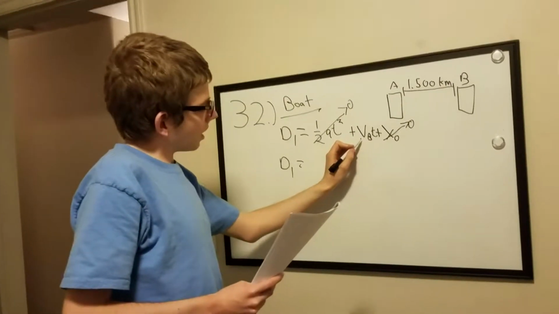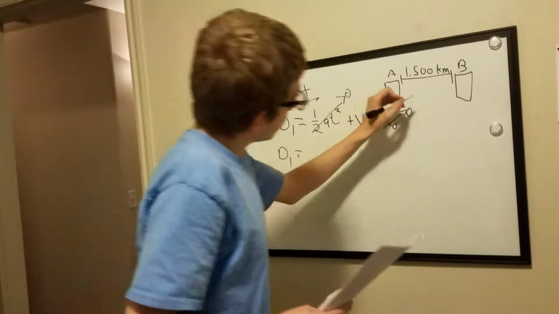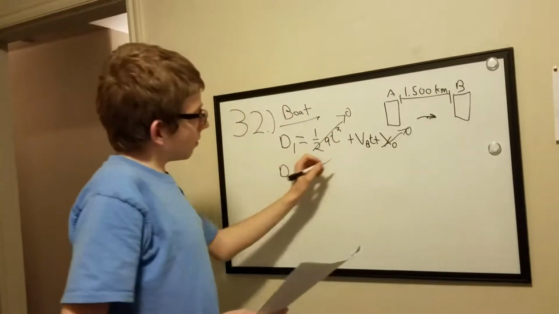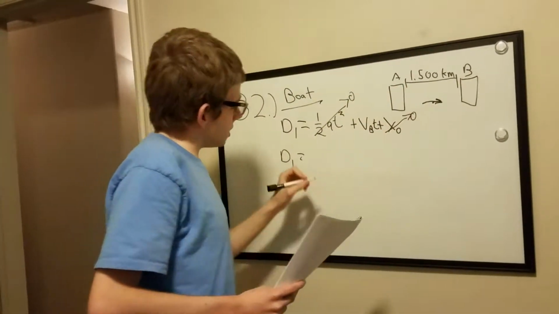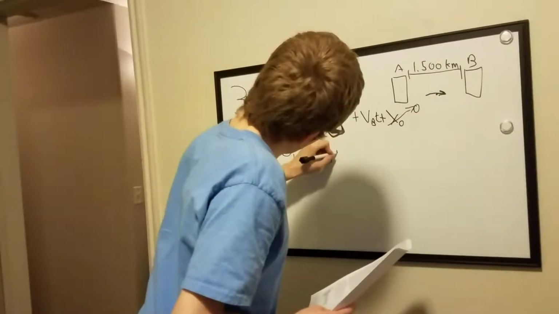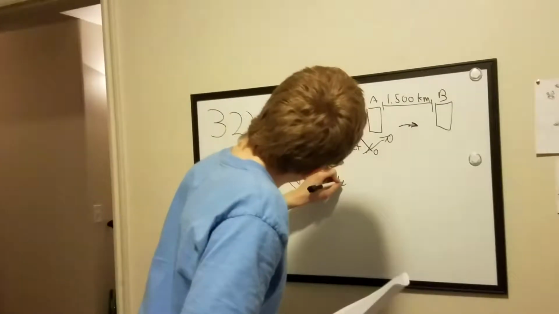Now the thing is, with the boat, it's being affected by the velocity of the river. So the river, its velocity is going this way. So that would mean that the velocity of the boat as it goes from A to B is the velocity of the boat itself plus the velocity of the river, times t.